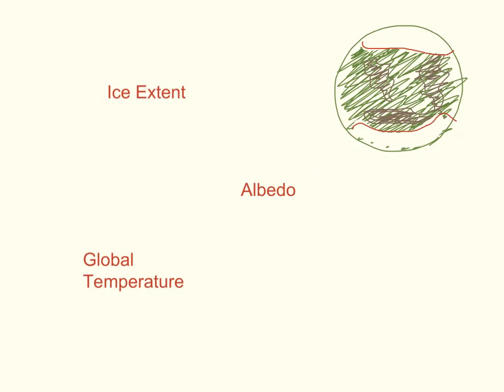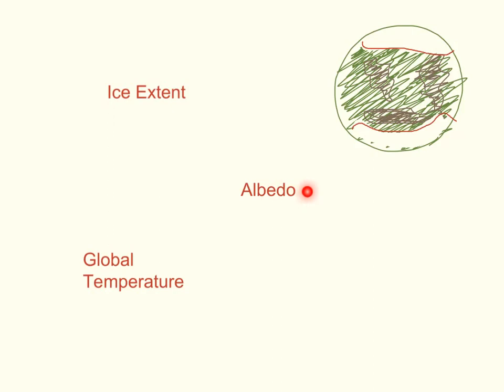So we can think about this ice-albedo feedback as a coupled system that involves three different parameters. The parameters are global temperature, and global temperature is going to control the extent of ice sheet coverage, and ice sheet coverage is going to control the albedo of the planet.